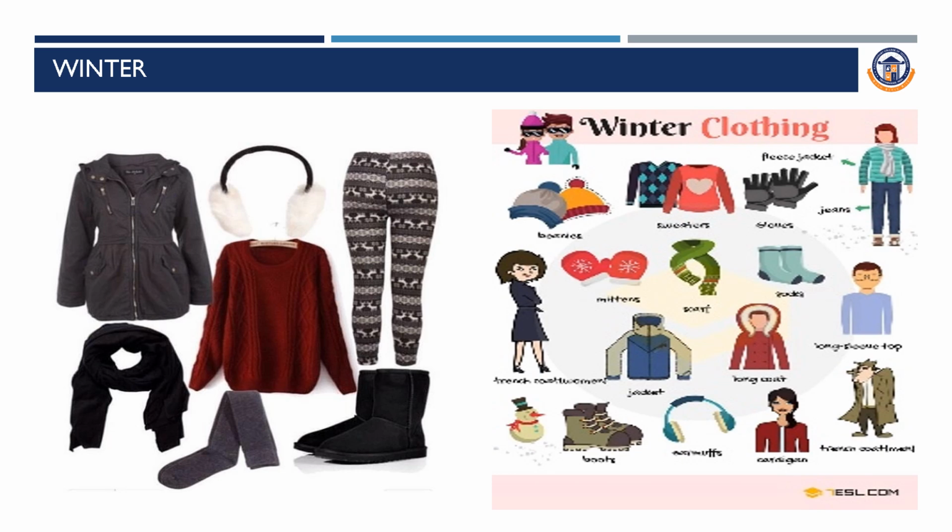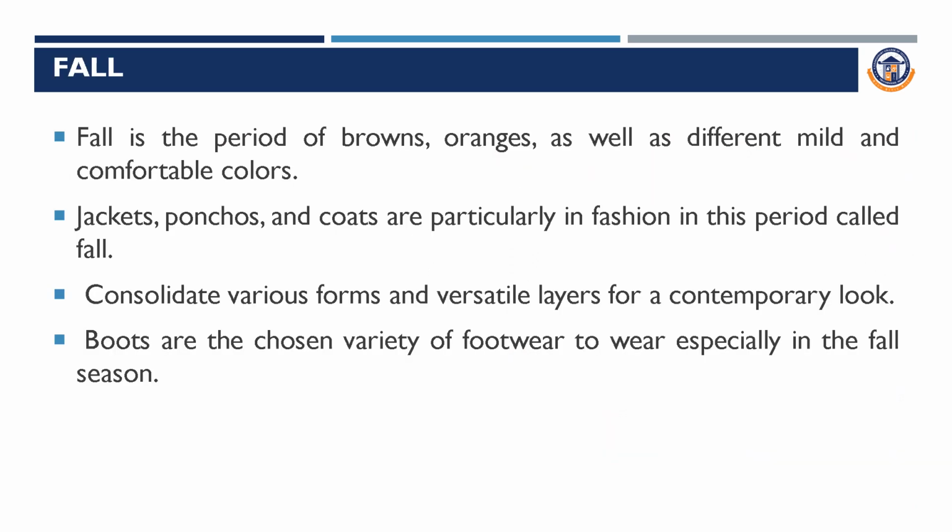So it is self-explanatory. Fall is the period just before winter, between summer and winter, when the leaves start becoming brown or orange, with mild colors, and jackets, ponchos, coats. Instead of single layer clothing, or let us take 2 layer clothing, in summer the tops will be single layer and bottoms will be 2 layers, the inner garment and the outer.